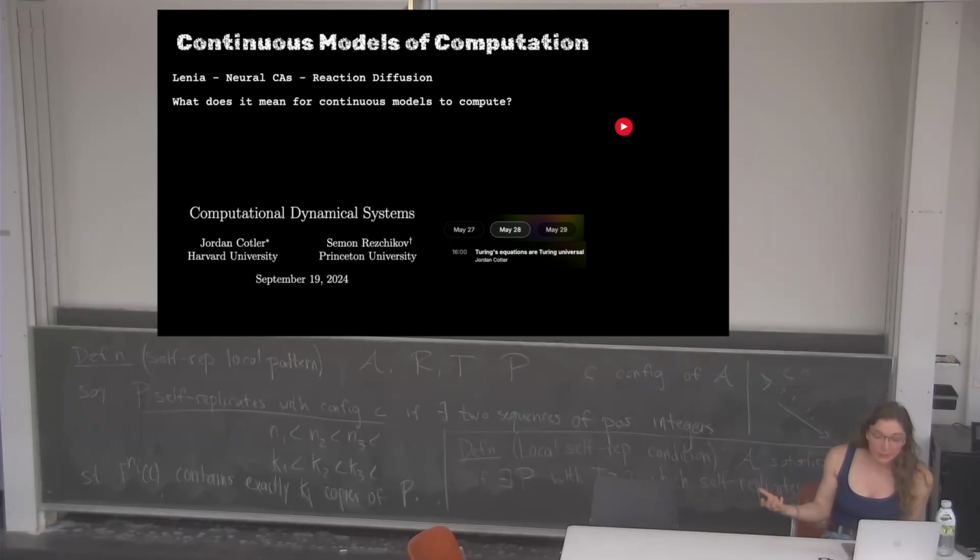And second of all, a question overarching all of the examples we have talked about, which is linear neural cellular automata and reaction diffusion, is what does it mean for continuous systems to compute? This is something we have covered in the discrete case. And it is not any profoundly different approach. And there, similarly to how we formalized it for discrete systems, there is a paper by Jordan and his co-author Simon Rashikov, who do formalize what it means for a continuous system to compute.